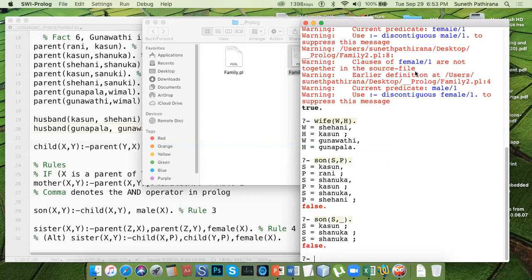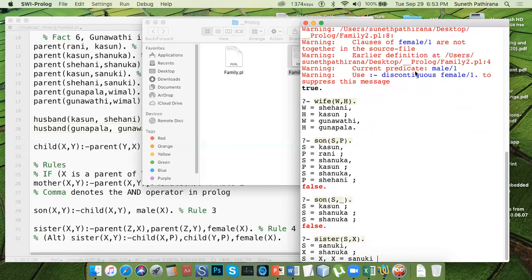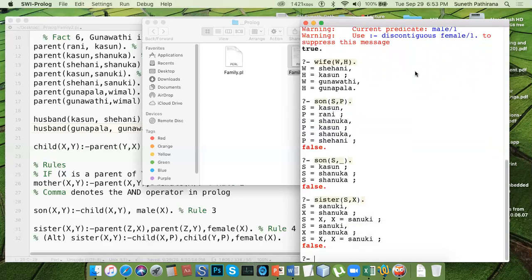Then we can test what we call sister, and this can be any person, X. Sanuki becomes a sister of Shanuka, and Sanuki becomes a sister to herself. According to the knowledge we have compiled, we find only one sister.